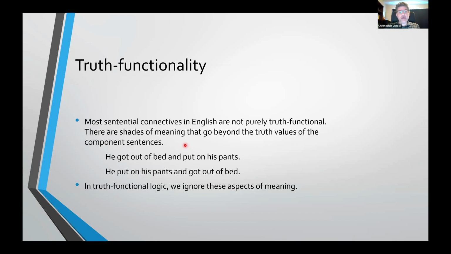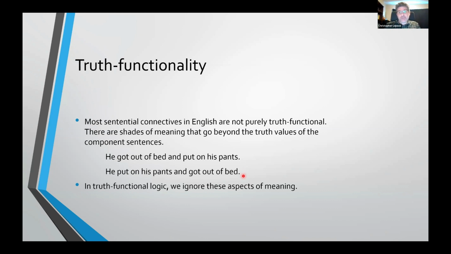If you say he put on his pants and got out of bed, the fact that you ordered those phrases in that way indicates that that's the order in which they happened. In truth functional logic, that rule just doesn't apply. The only thing that matters here is whether this is true and whether this is true. It's just those truth values that determine the truth value of this. The relative time doesn't matter. So the order of conjunctions actually has no relevance to their truth value.